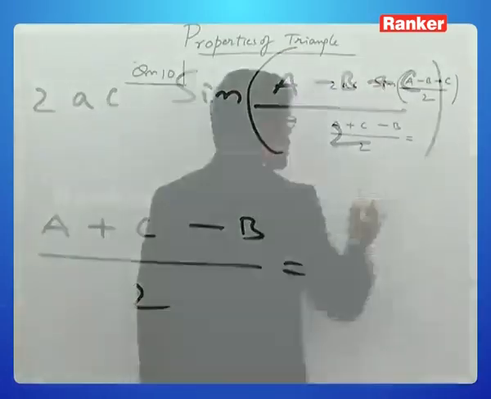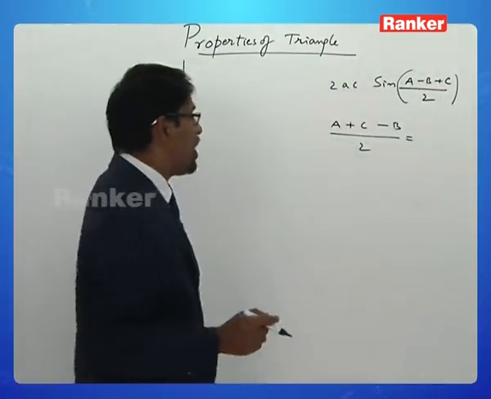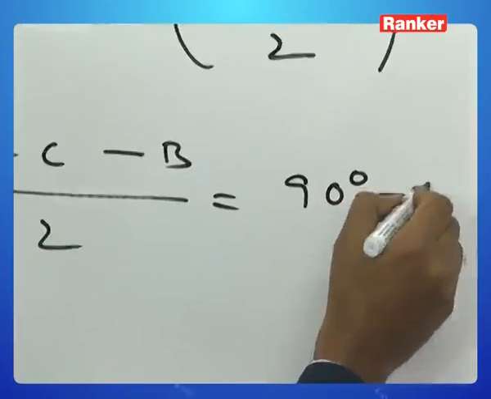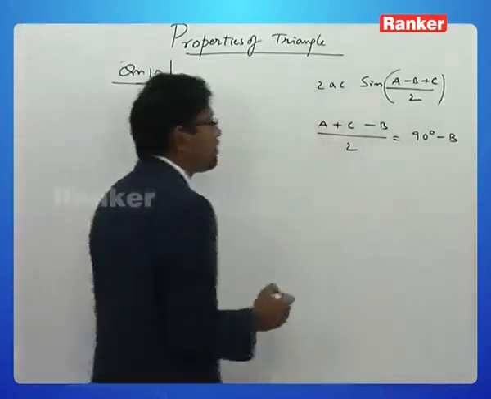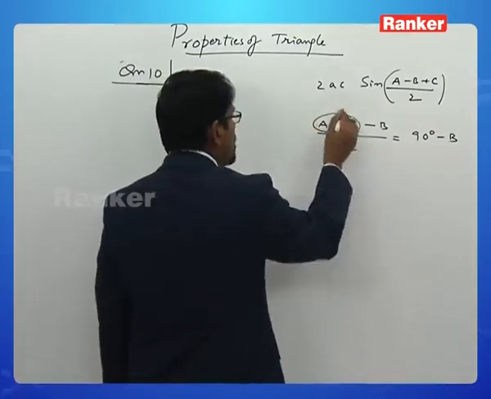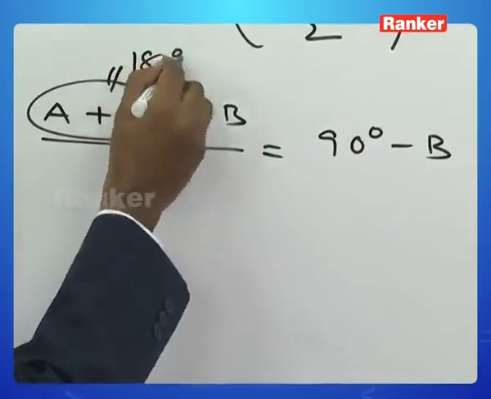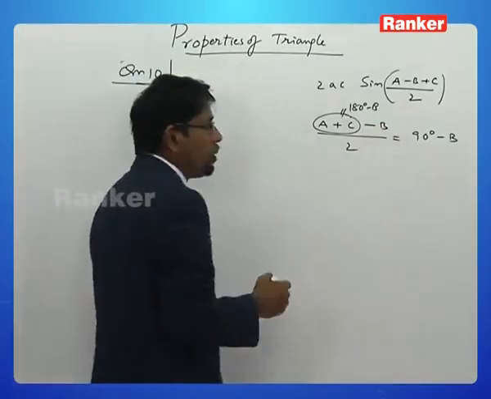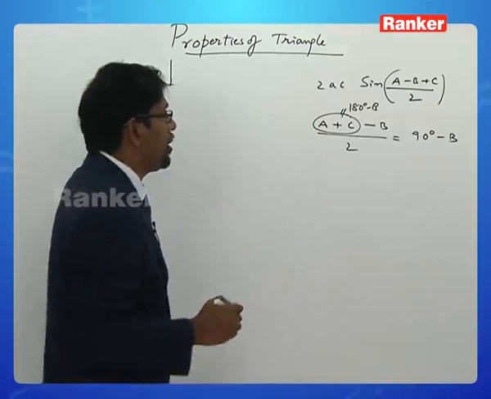We can write it as A plus C is 180 minus B. So that makes it 90 minus B, because this will be 180 minus B. This is my B again, (180 minus 2B) by 2, that gives us 90 minus B.